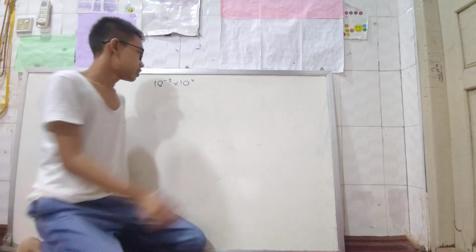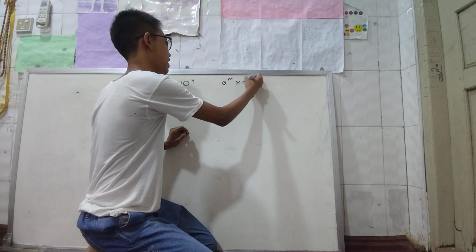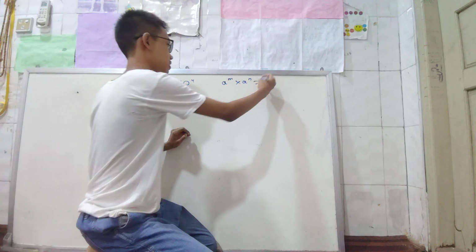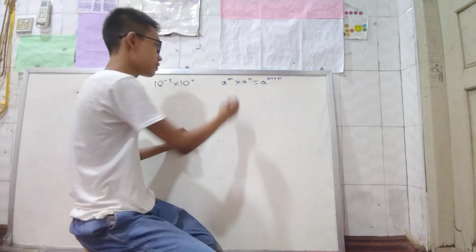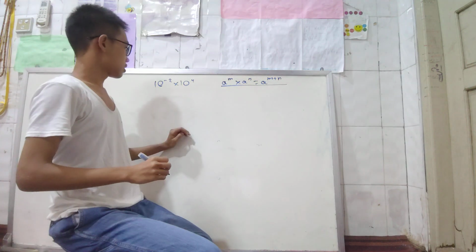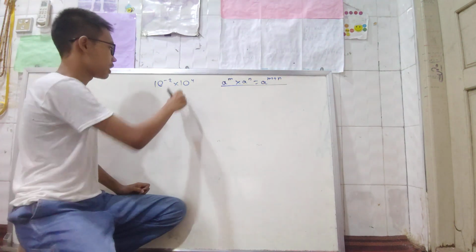exponential property here, which says that a to the power of m multiplied by a to the power of n equals a to the power of m plus n. So we're going to use this rule here. 10 to the power of minus 2 times 10 to the power of 4.